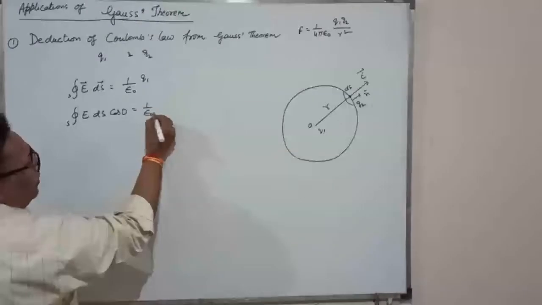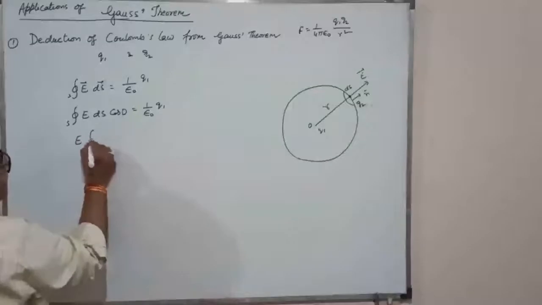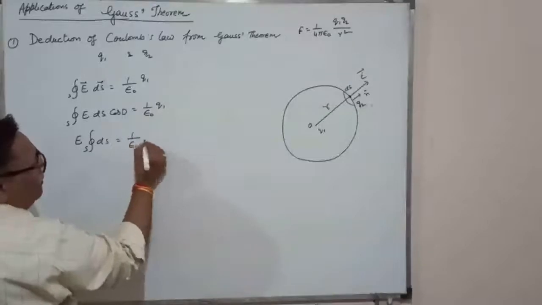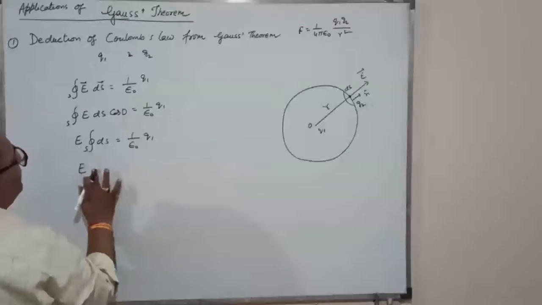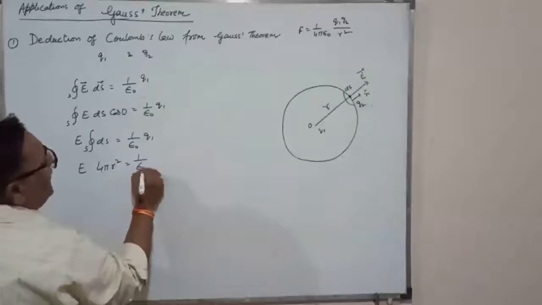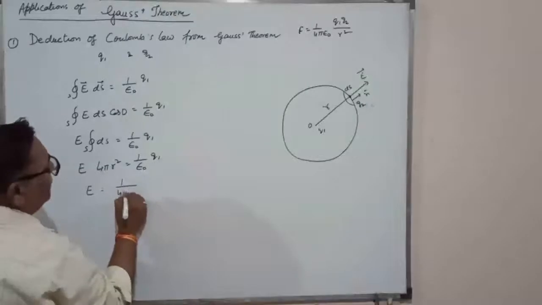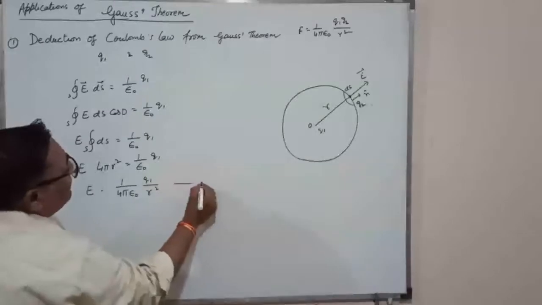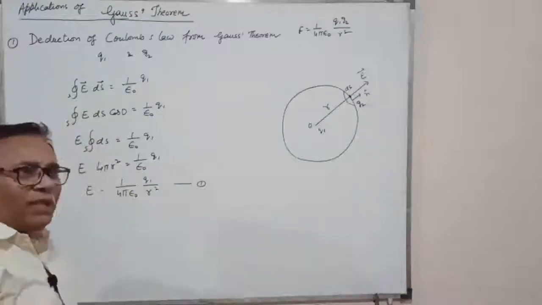E ds is equal to 1 upon epsilon 0 Q1, or E into 4 pi r square is equal to 1 upon epsilon 0 Q1, or E is equal to 1 upon 4 pi epsilon 0 Q1 upon r square. This is electric field intensity at the surface. Clear?